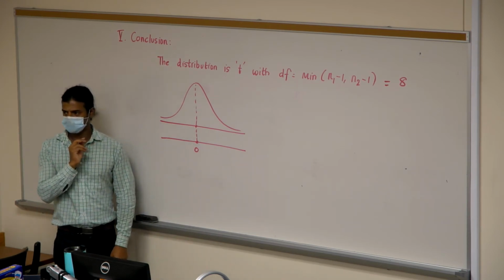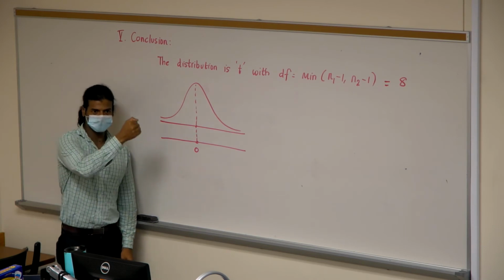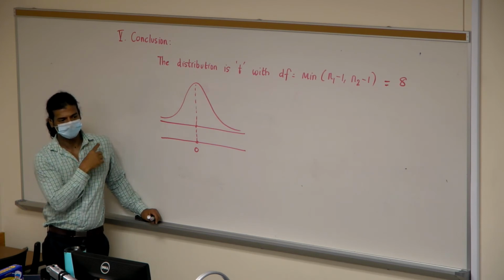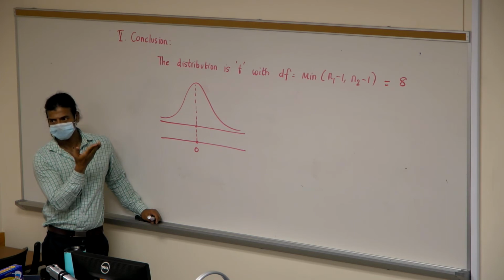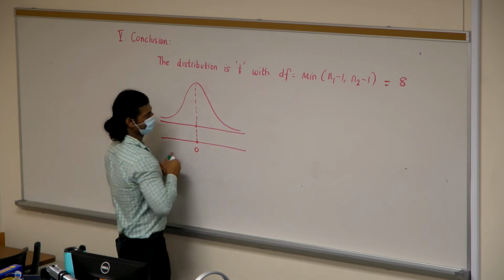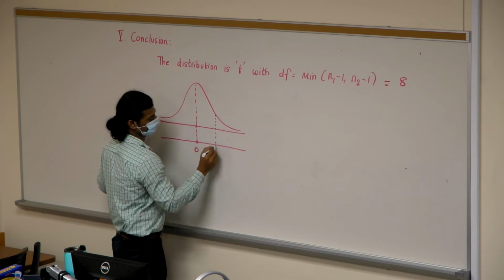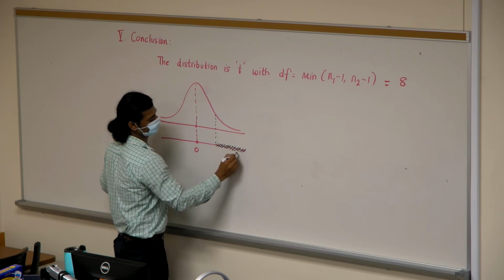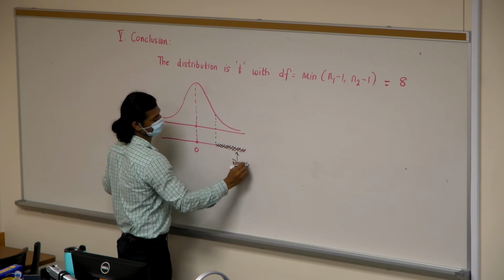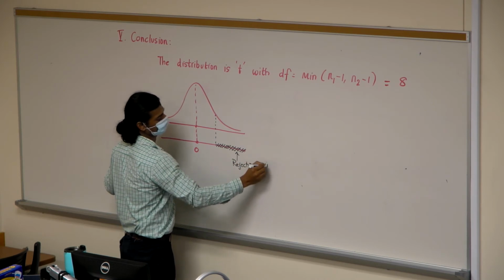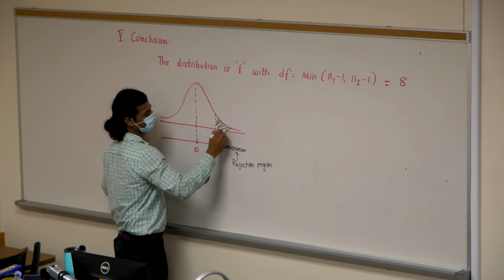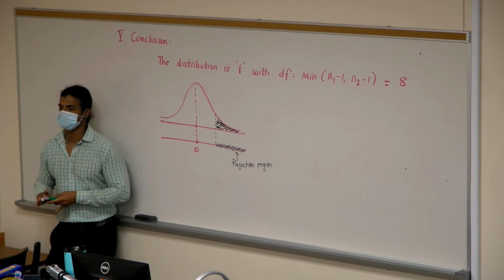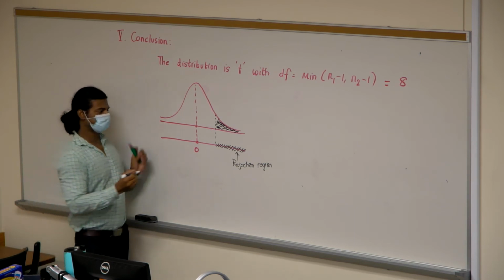This is a right-hand test. Agreed, mu1 greater than mu2. So the rejection region has to be on which side? Left or right? Right. And that area is going to help us determine what the critical value is.